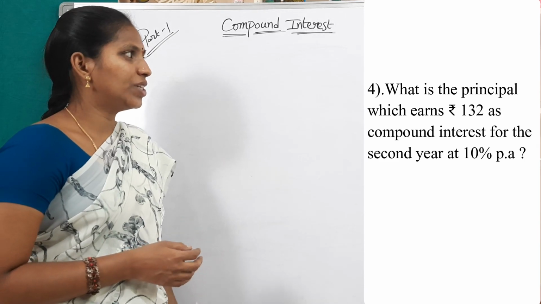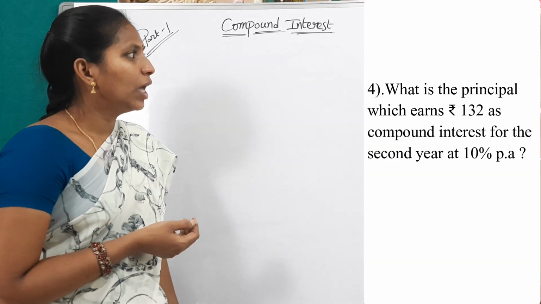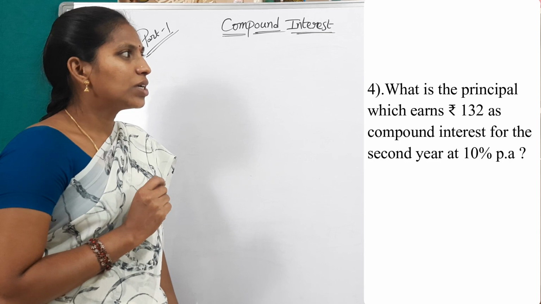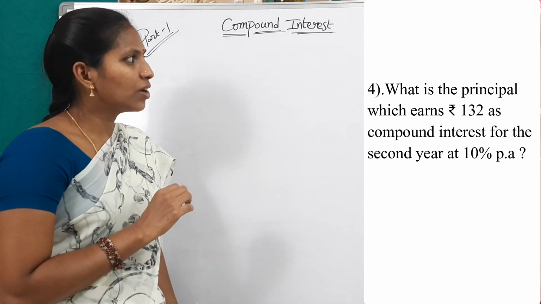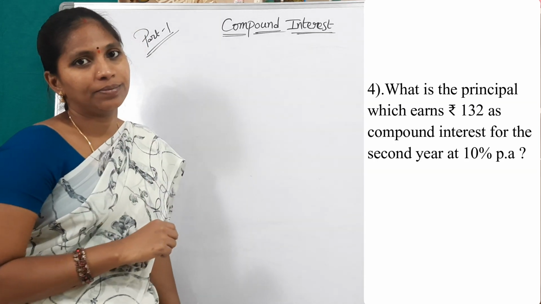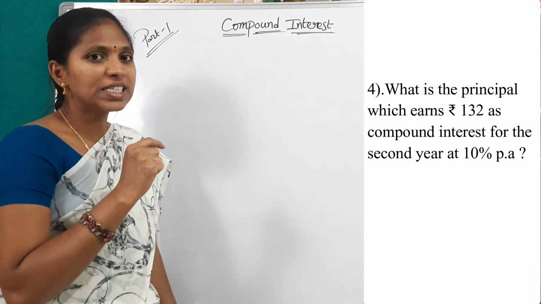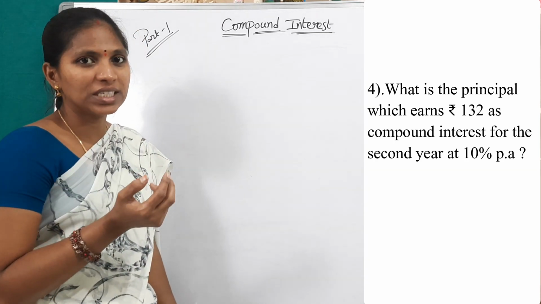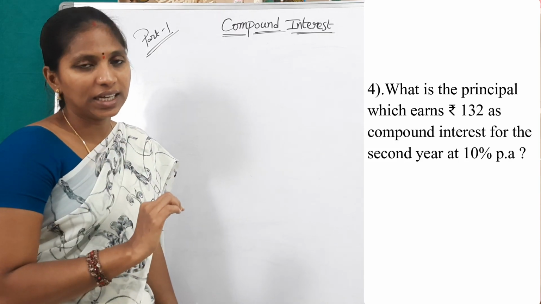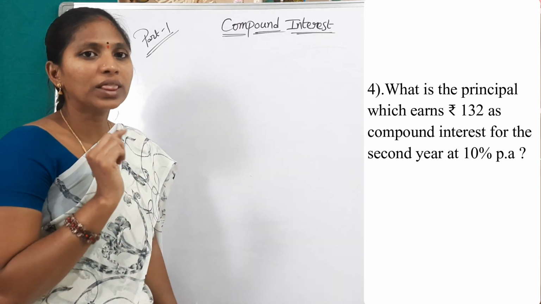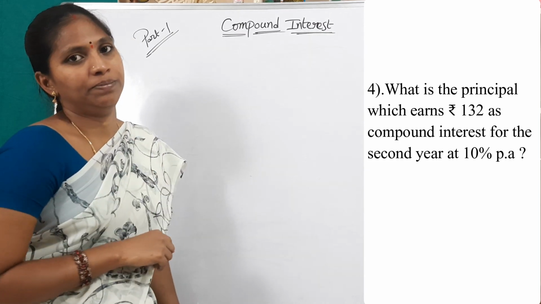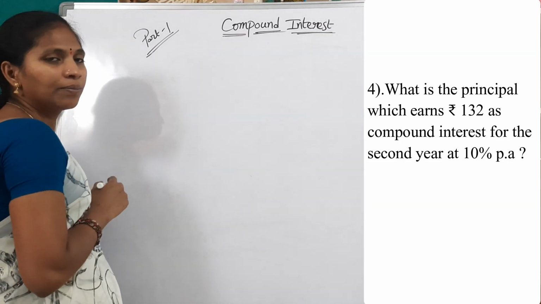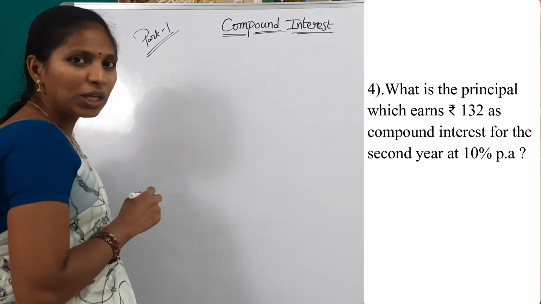Now see the fourth question, it is very important. What is the principal which earns 132 rupees as compound interest for the second year? See here, for the second year, not for 2 years, only for the second year. What is the compound interest? 132 rupees at 10% per annum. What is the principal? We have to find out which value?